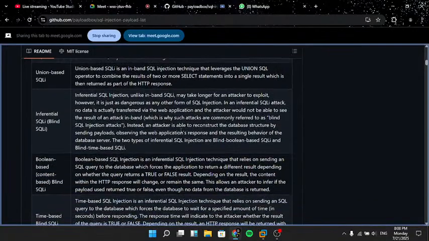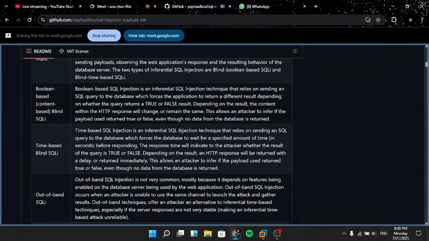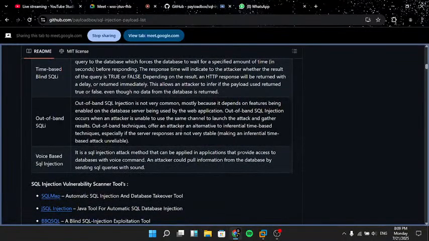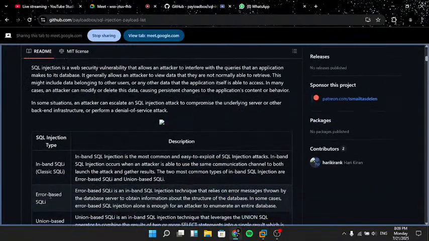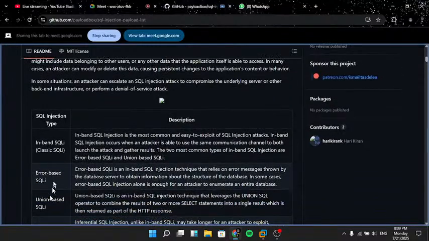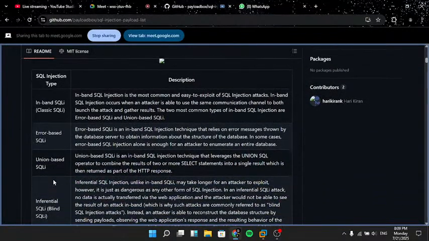We have inferential SQL, we have Boolean-based, time-based blind, we have out-of-band. We are going to be focusing mainly on the inbound, which is the classic, your error-based and your union-based.